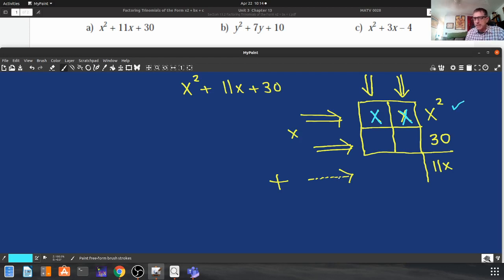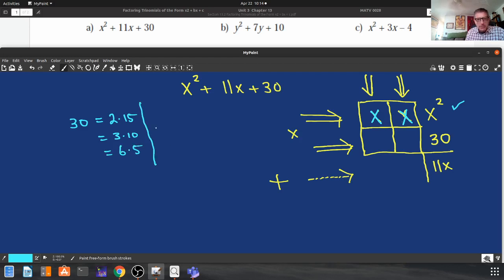Now comes the guessing part. In the guessing part, what I have to do is look at my constant term. And you want to break 30 down, as the product of two numbers. So 30 is equal to 2 times 15, or 30 is equal to 3 times 10, or 30 is equal to 6 times 5.